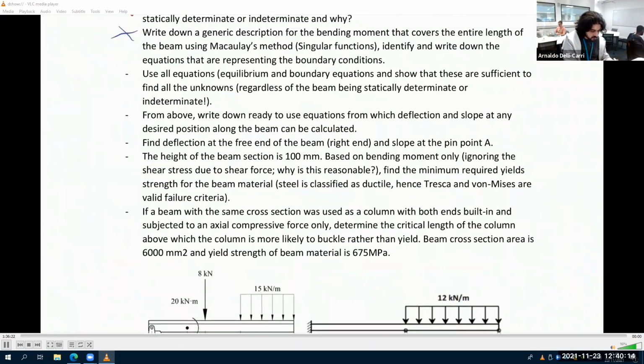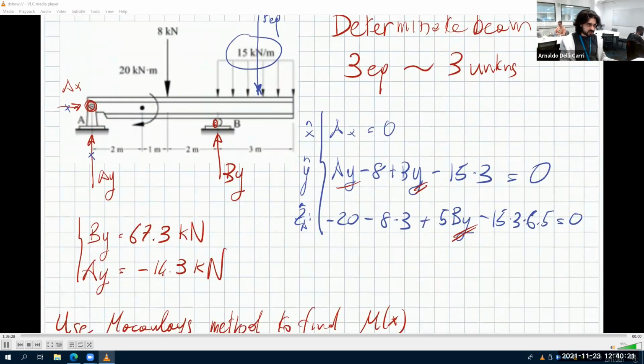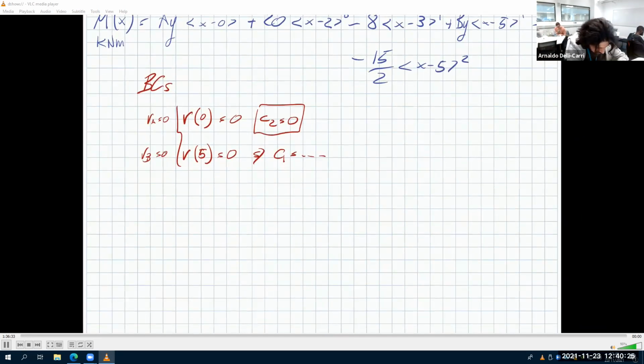Okay, let's go on. Here it says use all the equations to find all the unknowns. I'm not going to go through that because it's very long, not very complicated.